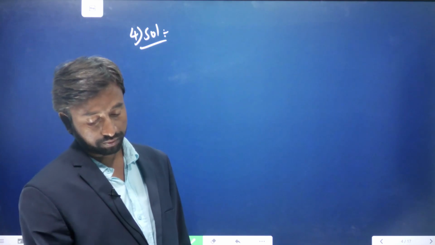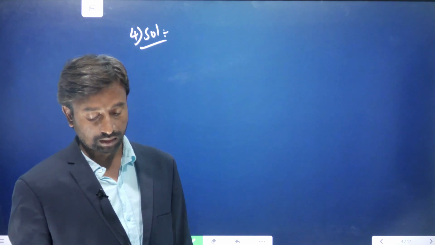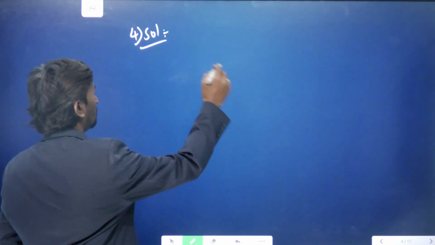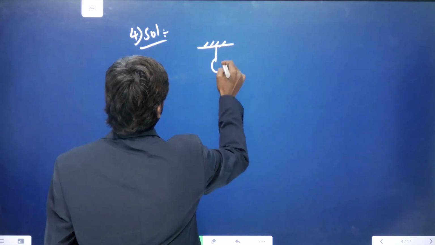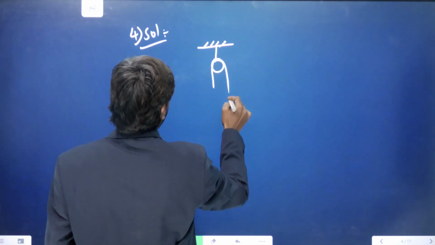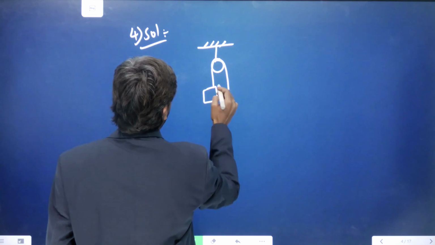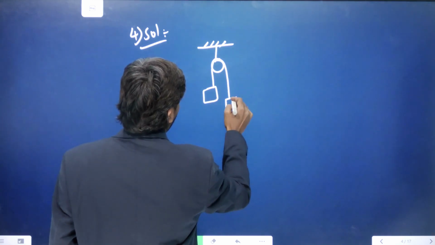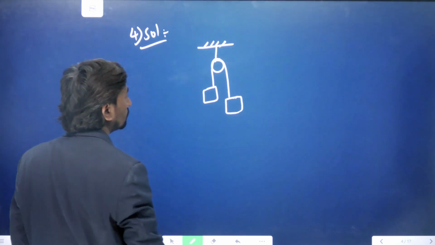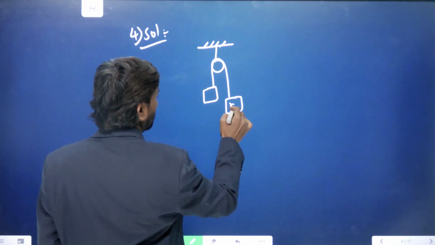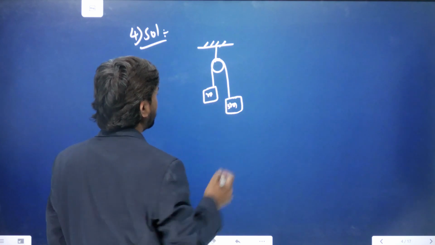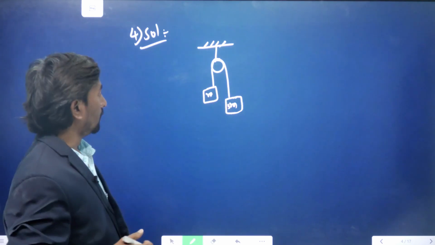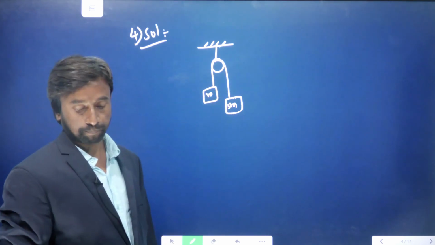What is the acceleration of the center of mass? See here, it is connected like this. Over a pulley, a string is taken, and to the ends of that string, let us consider this is a 3m mass and here an m mass are tied at the ends of the string, placed over the pulley there.